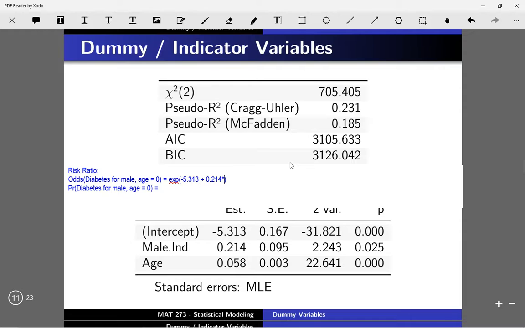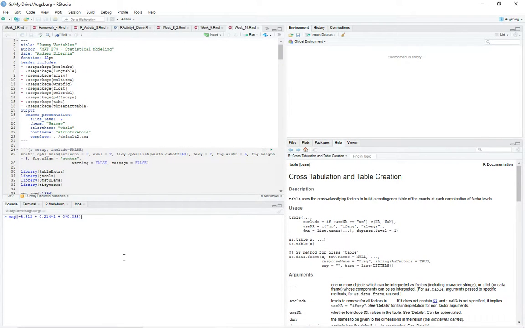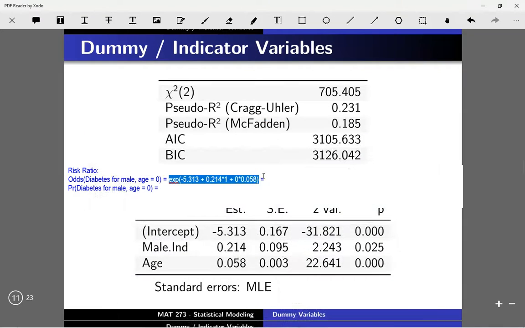So it's kind of like this times 1, the indicator for them being male, and then plus 0 times 0.058 because that's their age. And then just simplifying that out, let's use R. Let's see what R says that's about. Okay, R says that's about this value here.